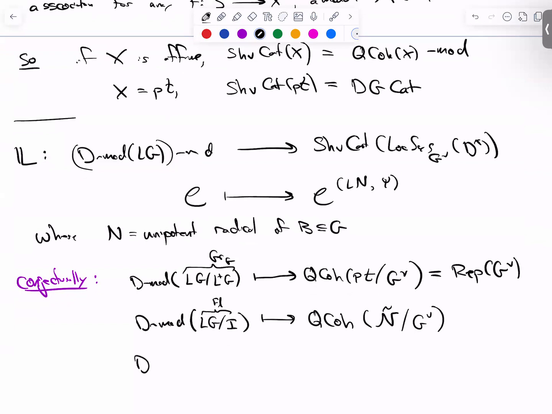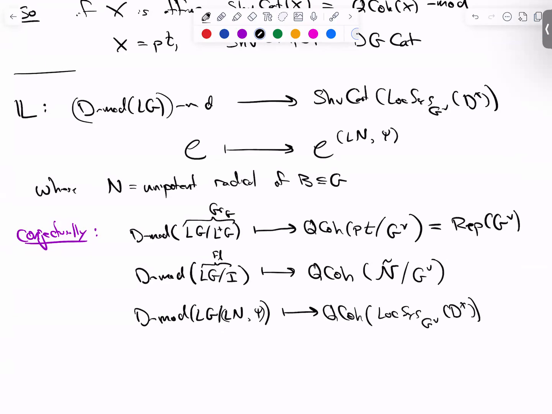Now if we look at D mod of loops G mod loops N, psi, so we Whittaker reduce loops G, this will map to quasi-co of Oxys G check of star.